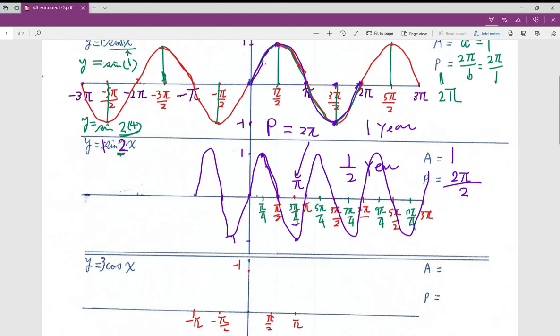let me use this color. Let's try to graph y equals cosine x first. Y equals cosine x looks like this. Here.